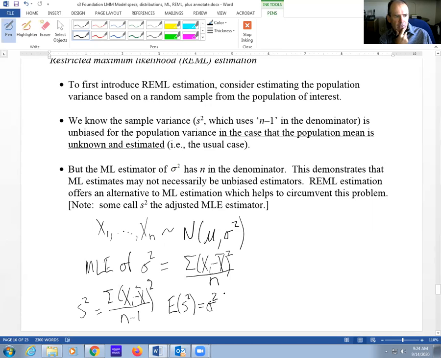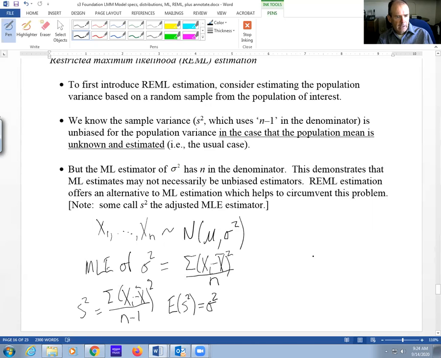So the way that you do that is by rewriting the likelihood, eliminating the fixed effects. Okay, so again, with this simple example where we just have a random sample, the MLE of sigma squared divides by n.